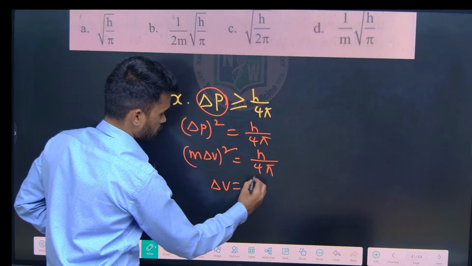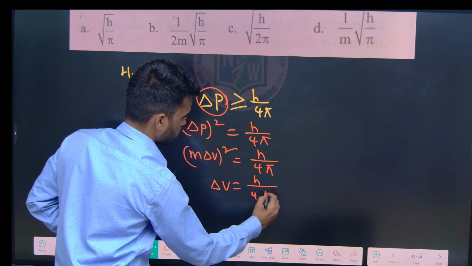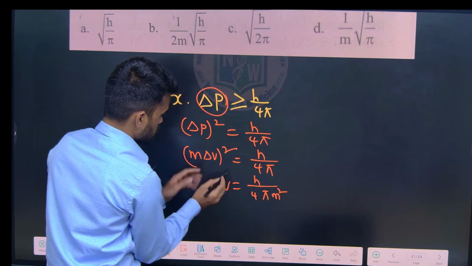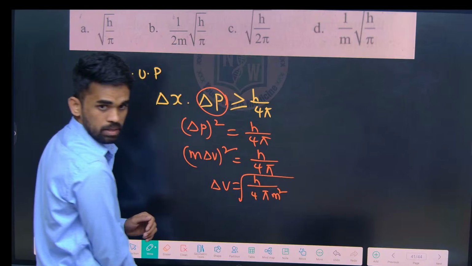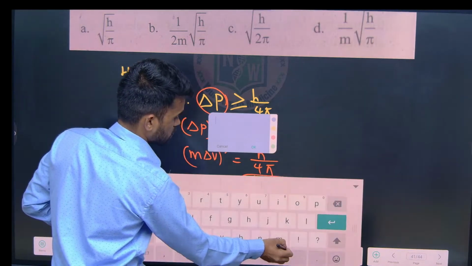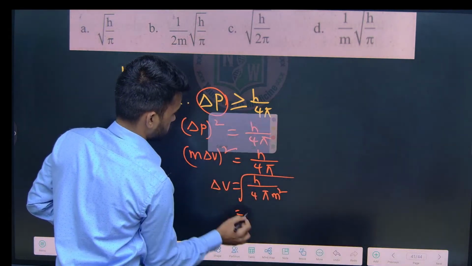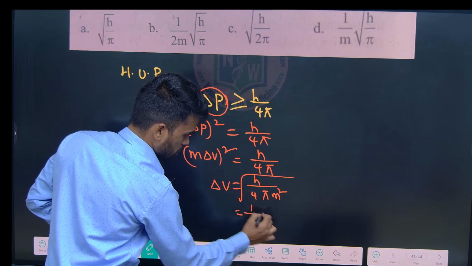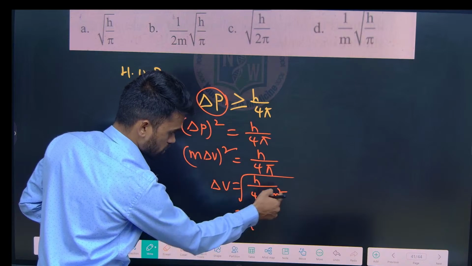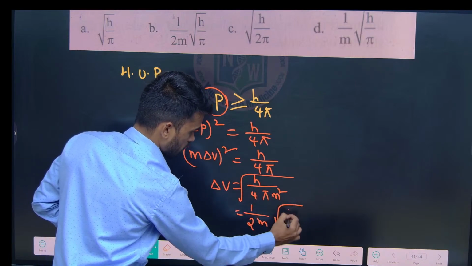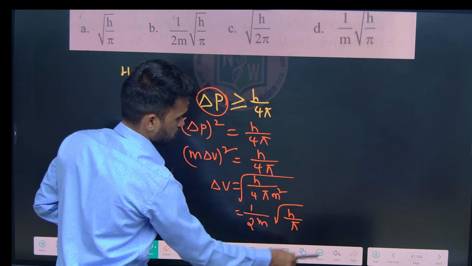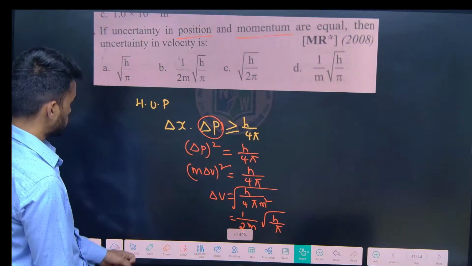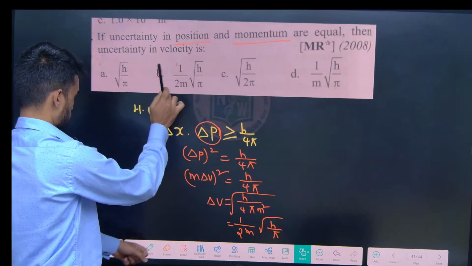Delta v equals h by 4 pi m square. This square becomes root here. Next. So what I can write, 4 means 2 square, so 2m root over h by pi. That's it. So we have B. This is your answer for the question.